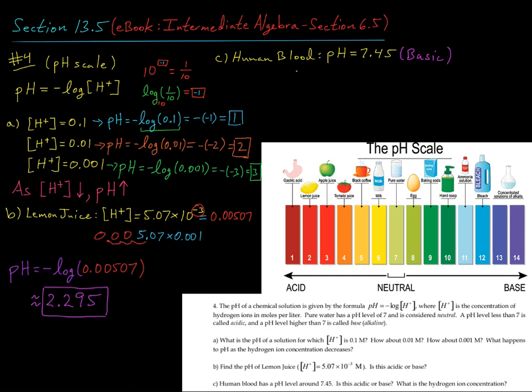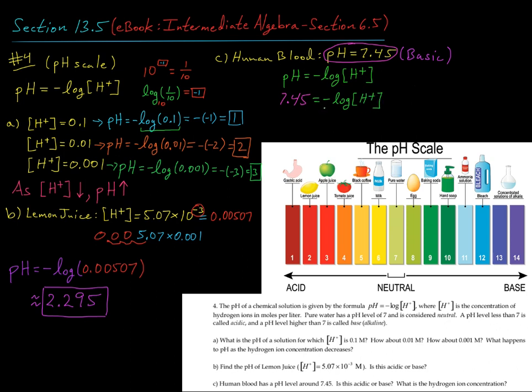I can just go off of the fact that pH is equal to the opposite, the minus log of H+. Since I know that the pH for human blood is 7.45, I'm going to put that in right here on the left side. So this would be minus log H+.